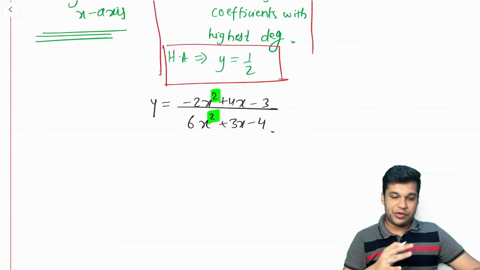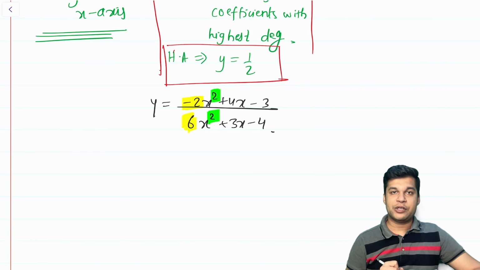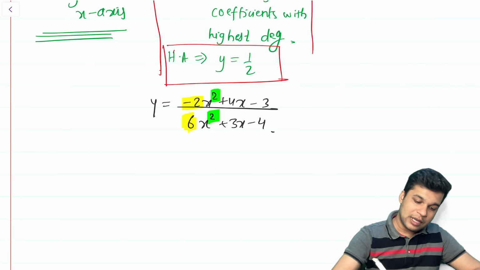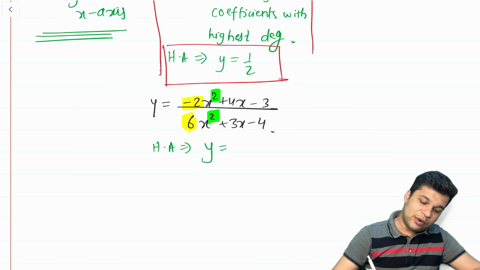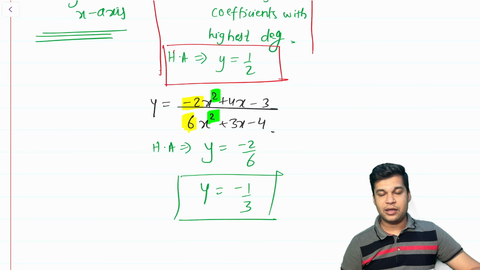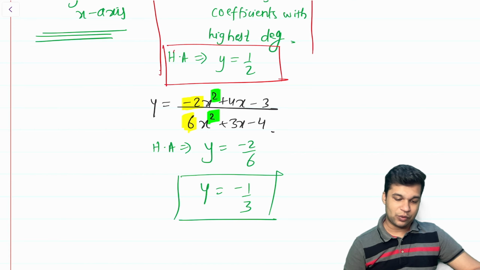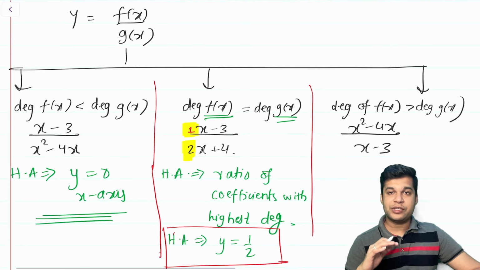So you check the coefficients, which are minus 2 and 6. So the horizontal asymptote over here will be y equal to minus 2 by 6, so y equal to negative 1 by 3. This is how you find the horizontal asymptote. This was your second case.